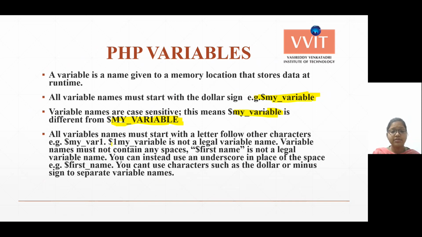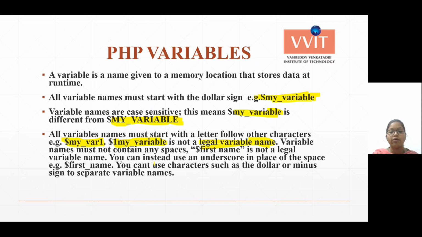Next, when you start immediately after a dollar sign with a number rather than a character in the variable name, it is an illegal start, meaning it is not a legal variable name. To have a legal variable name, we need to have a letter right after the dollar sign. To combine two strings in the variable name, we need to use only an underscore.